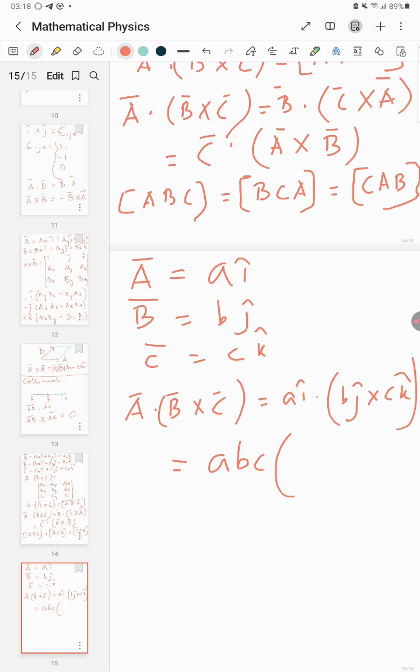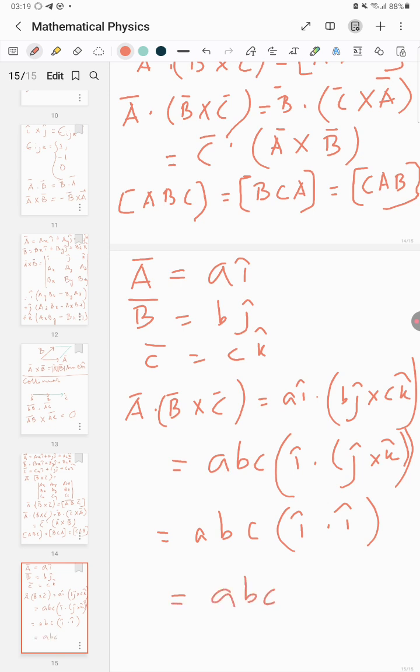So we are left with i cap dot j cap cross k cap. We just learned in the previous video that j cross k is nothing but i cap. Now i cap dot i cap is nothing but 1. So A dot B cross C gives nothing but ABC, which is the volume of a parallelepiped.